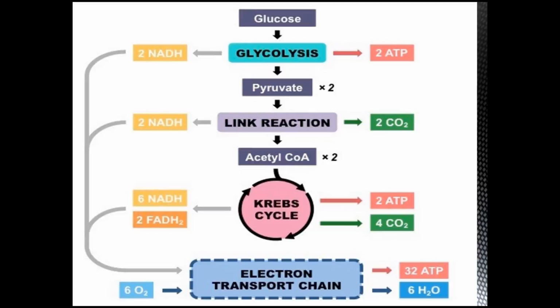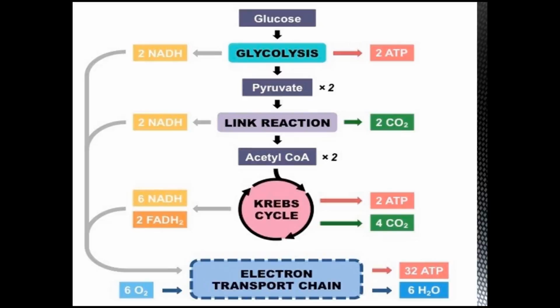Krebs cycle. What is the Krebs cycle? This cycle occurs in the mitochondrial matrix. See the picture. Glycolysis, glucose splitting, glucose is divided, and 2 molecules of pyruvic acid come.